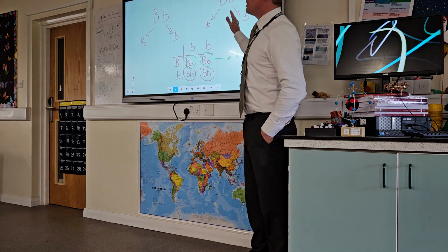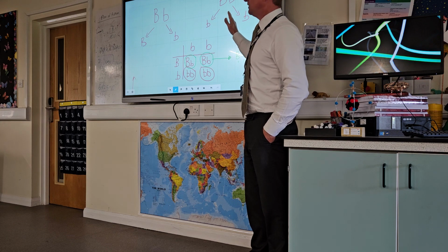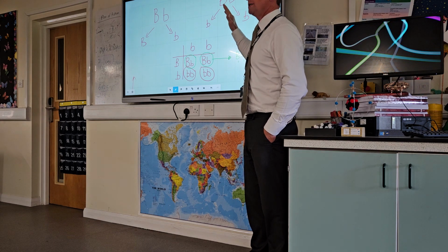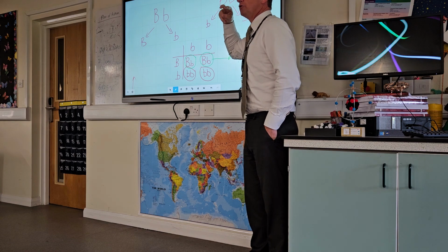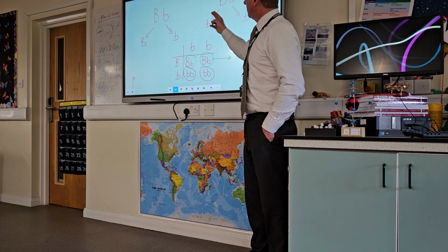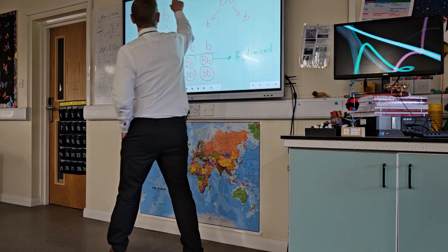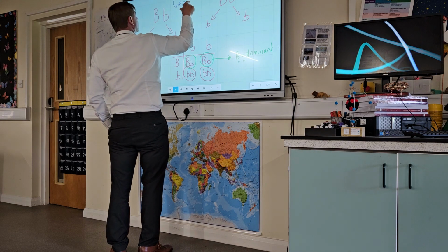Sherry's genotype, the two letters that she got from her parents, are definitely small b, small b, because she had blue eyes, and it has to be both of the recessive ones. Okay. They're the genotypes. Genotype.